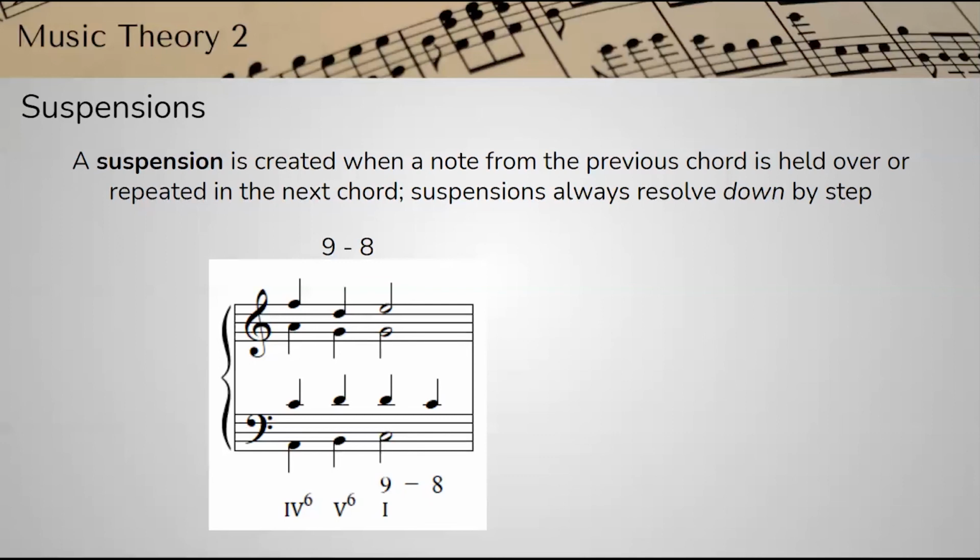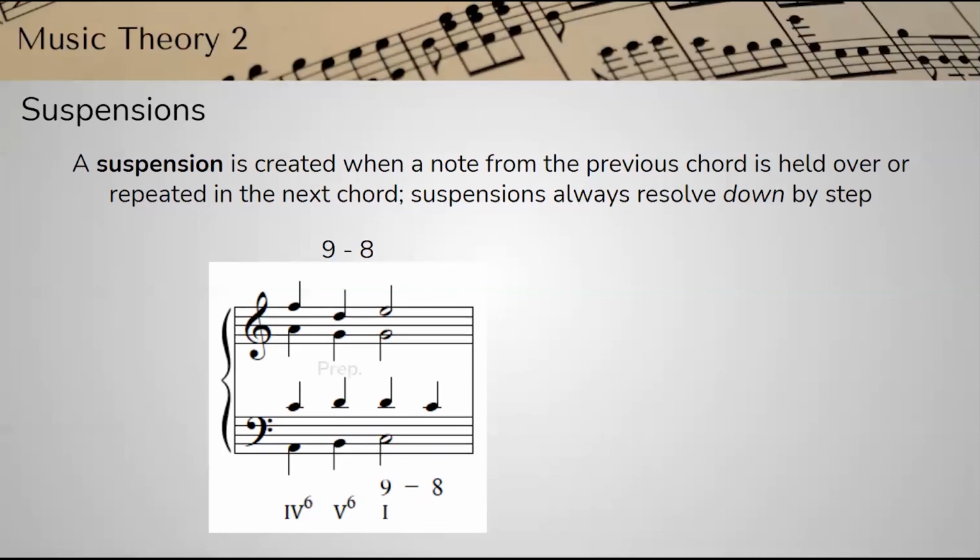That's kind of nice. So that D, right, in the 5 chord is the preparation because that D belongs in that 5 chord, that G major chord. But then when it's repeated, held over, it becomes a suspension because that D does not belong in this chord.